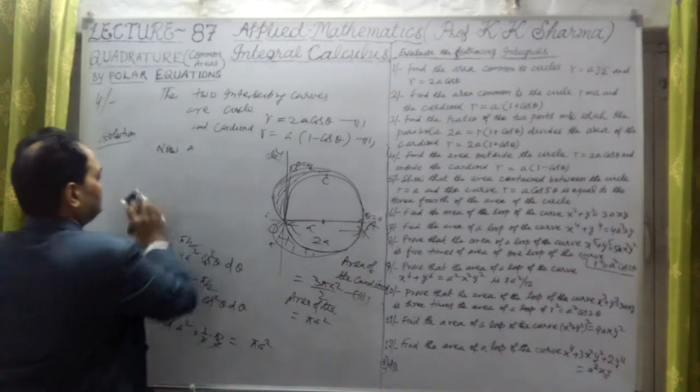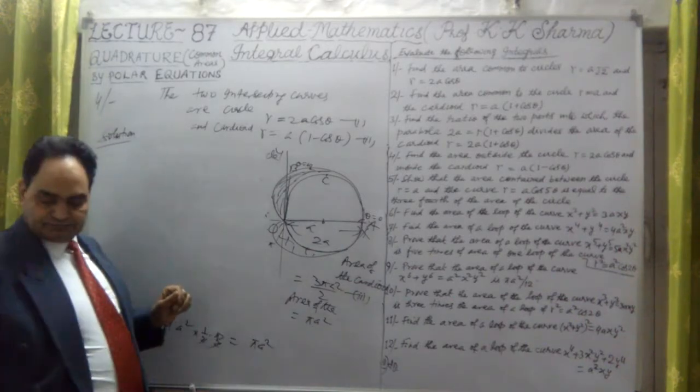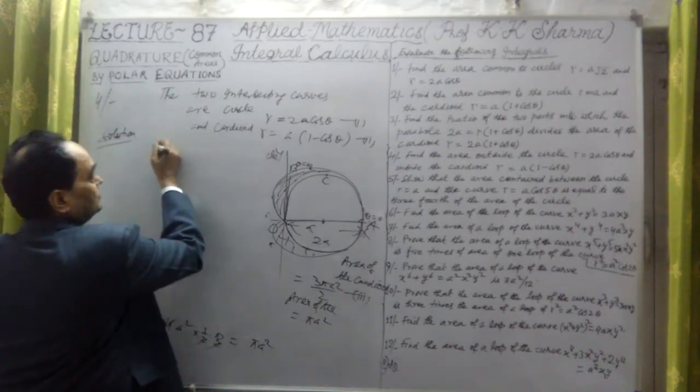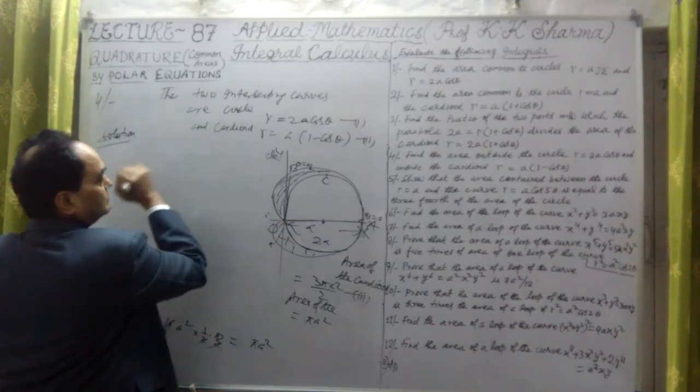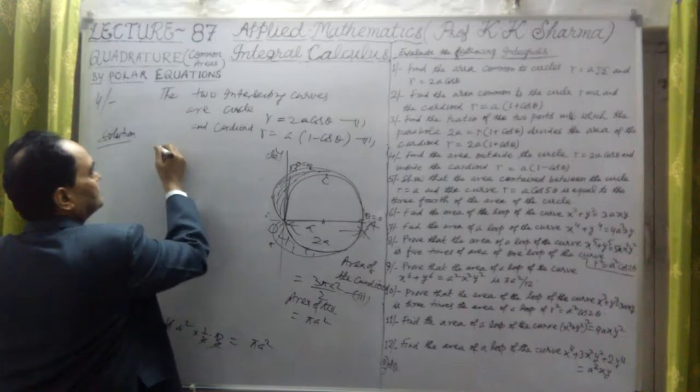Therefore, let me find out the common area. So the area between the two, area outside the circle and inside the cardioid.